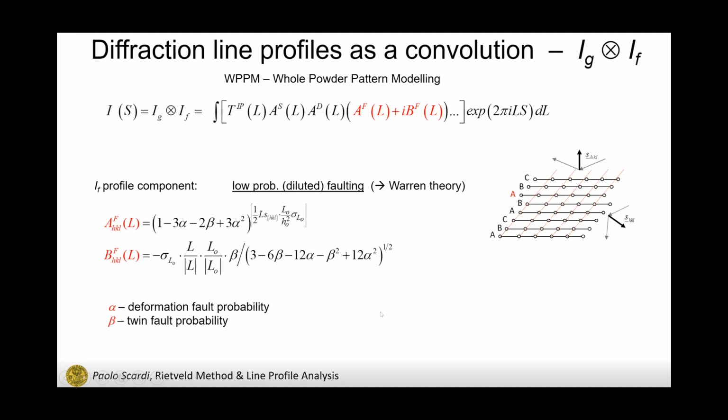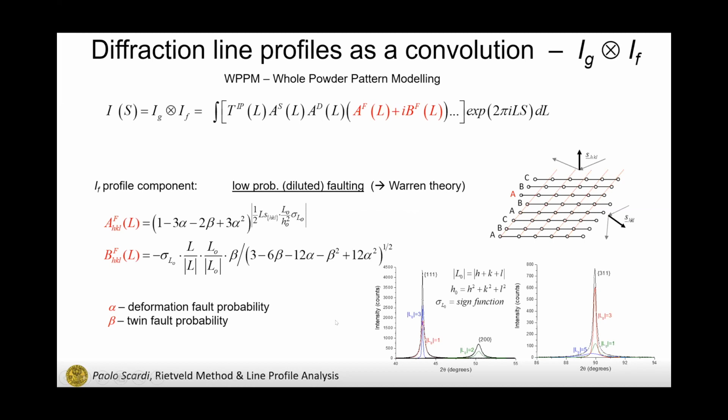As I say, this is valid for low probabilities, and in those terms, the main effect that you notice is a broadening, asymmetry, and even a shift in the line profile. Here you see a simple simulation. I will show you a real case later.